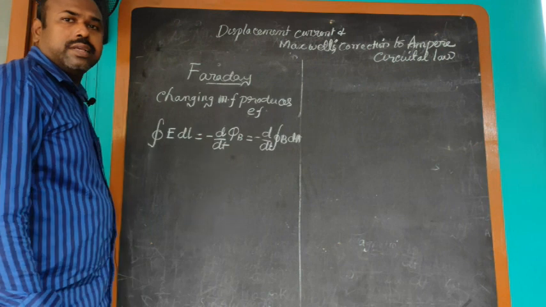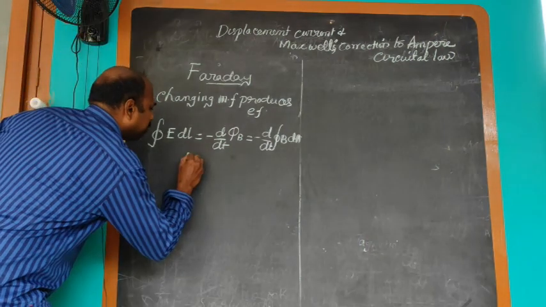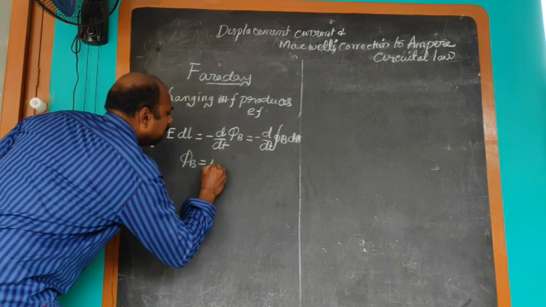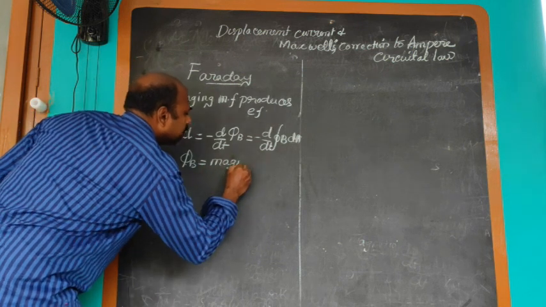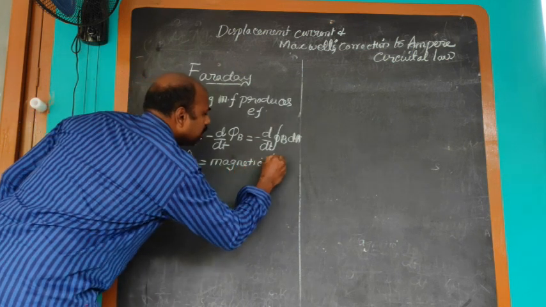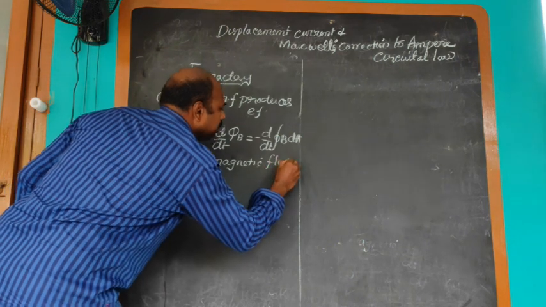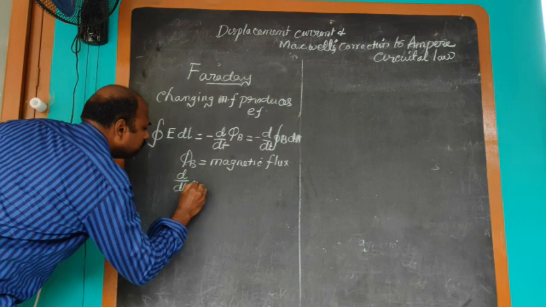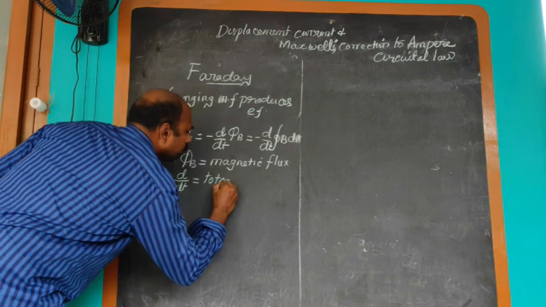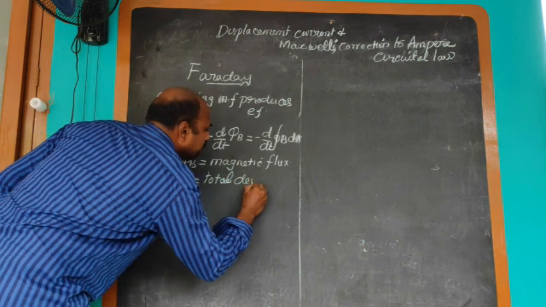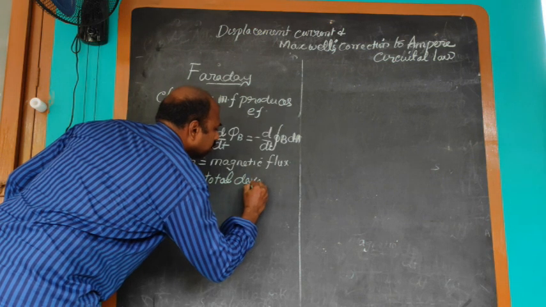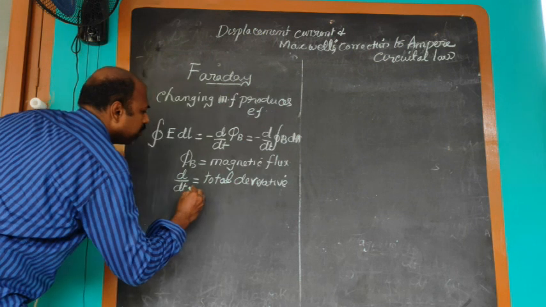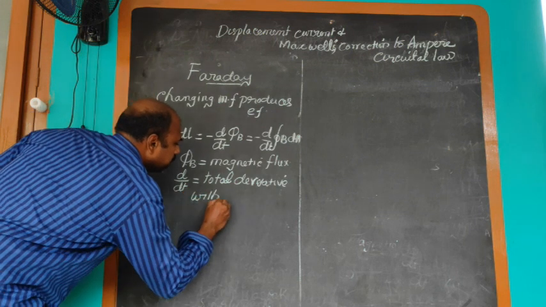Here you know what is phi B, the magnetic flux. Then what is d by dt? Total derivative with respect to time.